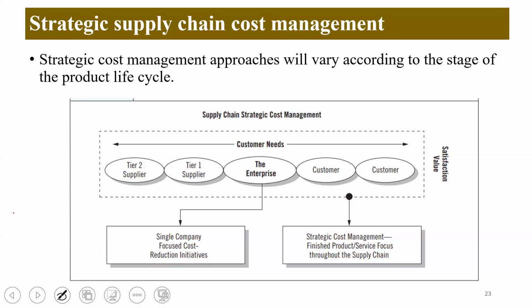Okay. So strategic supply chain cost management, we discussed this part. This is where the supplier and customer, you can see there's no operation involvement in this. From the supplier side, tier 1 and tier 2 suppliers are there. So all elements, the related cost elements or drivers, we call them drivers, you can find from there.